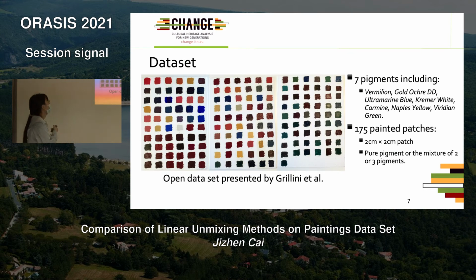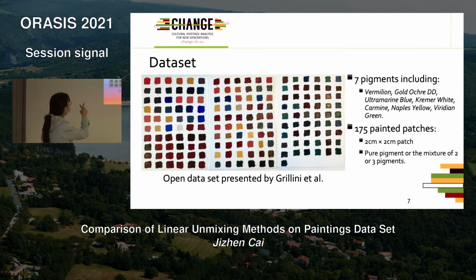So now we come to this dataset. In this dataset, there are 7 pigments included. As you can see here, in total there are 175 color patches. Each color patch is 2 centimeters by 2 centimeters.